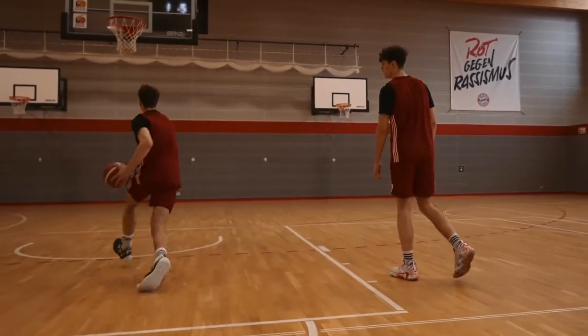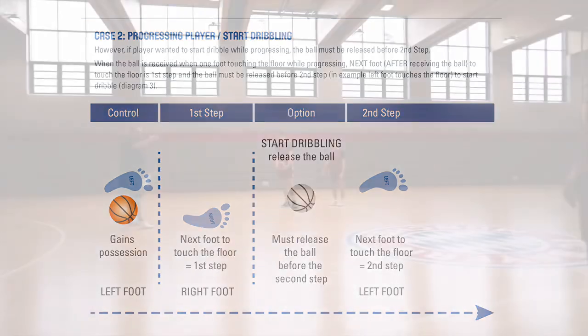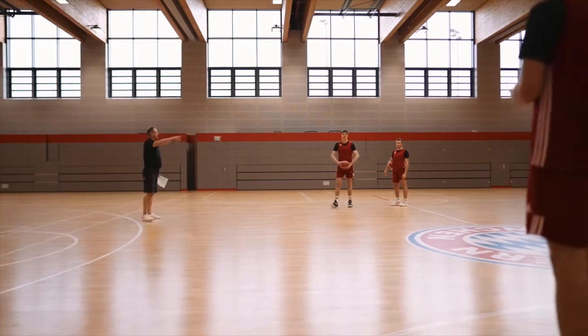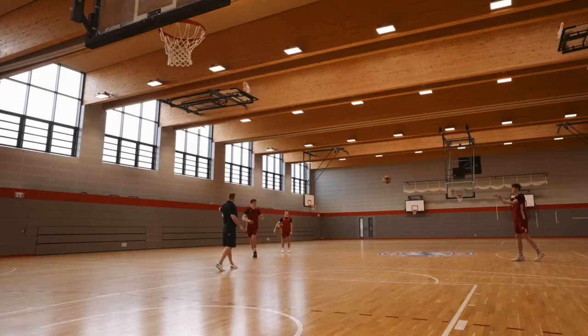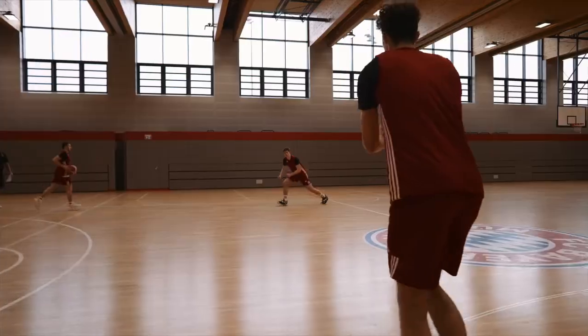First situation we have is progressing player and start of the dribble after catching the ball. Pass to Daniel, he will pass back. You catch the ball, one step, dribble before the second one. Pass.